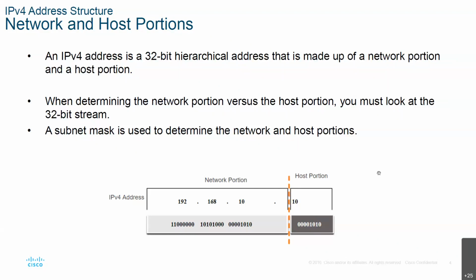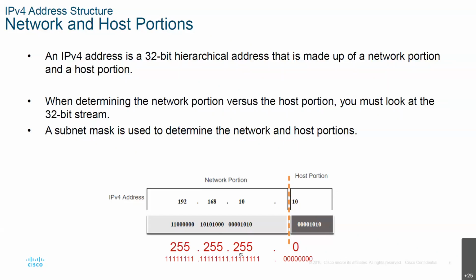So if I give you a subnet mask like this, 255.255.255.0, then you have an idea that 255, if I convert it into binary, is 11111111. And again, this is converted into 1, this is converted into 1, 0 is converted into 0.